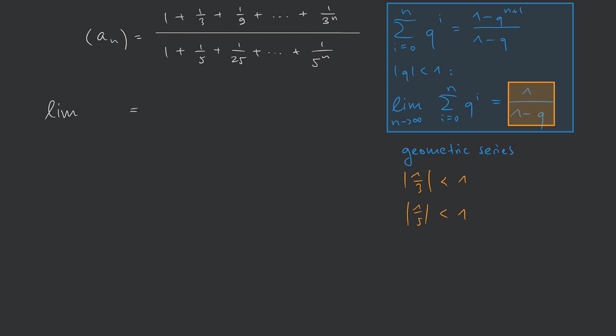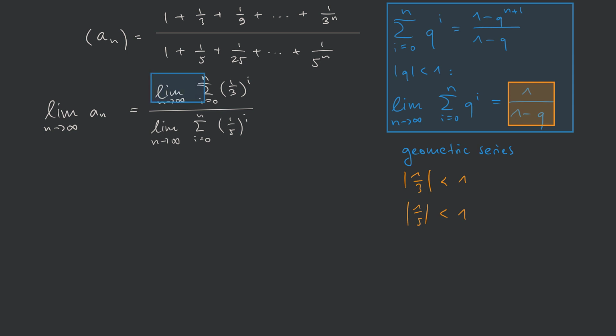So I can write the limit of a_n, for n goes to infinity, is equal to the limit of, well, let's write it like this, n to infinity, sum over i equals 0 to n of 1/3 to the power of i, just using summation notation to make things easier in this moment, and divided by structurally the same thing, limit n to infinity, sum over i equals 0 to n, now 1/3 replaced by 1/5 to the power of i.